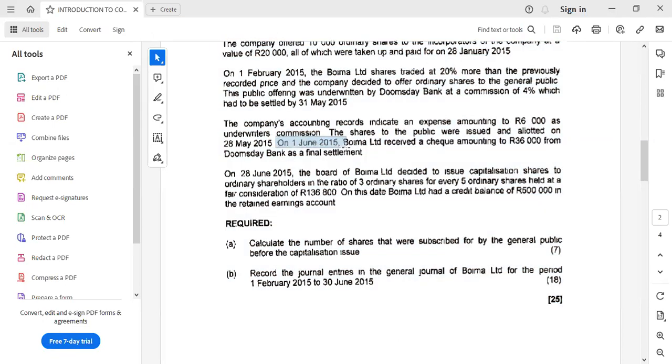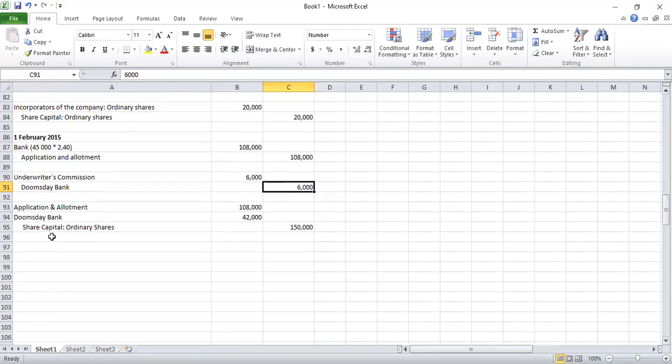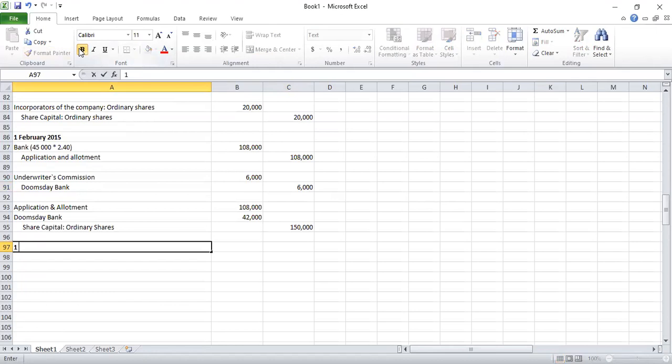Then on 1 June, Doomsday then settled the 36,000. The 36,000 is the 42 minus the 6. So now on 1 June 2015, we'll debit the bank, because we'll be receiving money from Doomsday, 36,000.